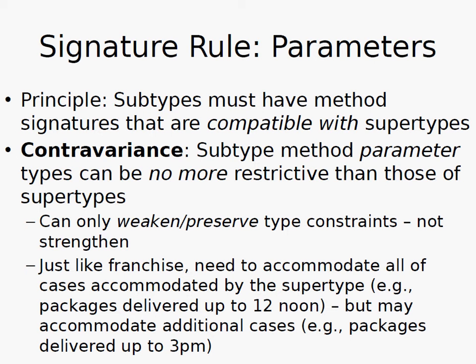In other words, if the supertype has a method foo that takes, for example, a string, you could have the subtype take a string, or you could have it take an object, but you can't have it take a special type of string. They can't be more restrictive, they can only weaken.